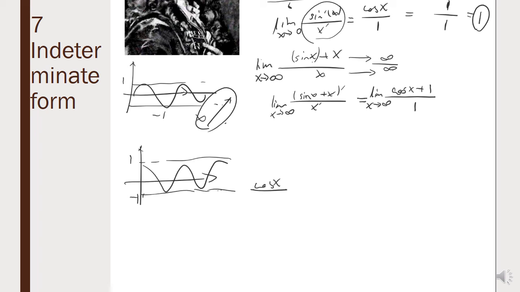For very large x, maybe you will have 0.5, or -0.5. In some cases, when x is very large, you're going to have 0.9. So you actually have numerous values for this formula, cosine x plus 1 over 1. You have infinitely many results.